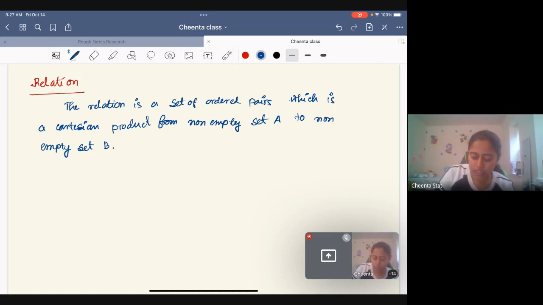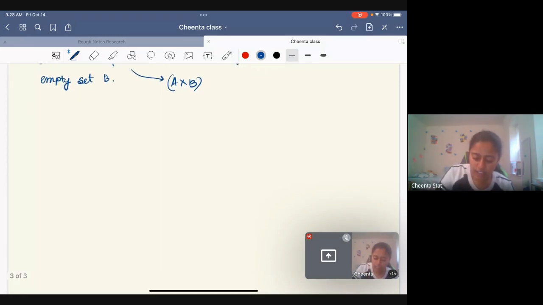Okay. Cartesian product means A cross B. Say A can take a few values, A1, A2 up to An, and B can take some values B1, B2 up to Bn.